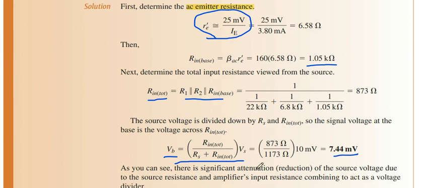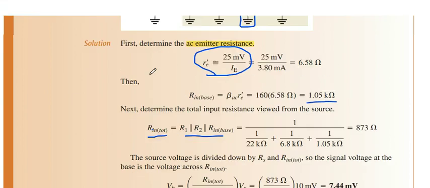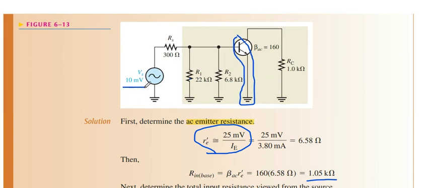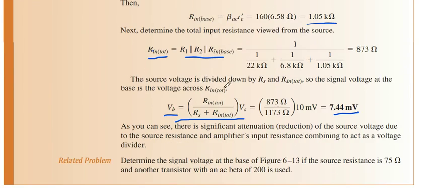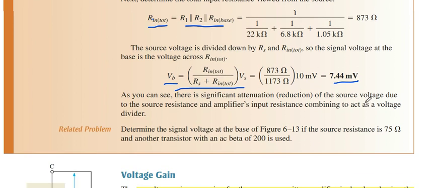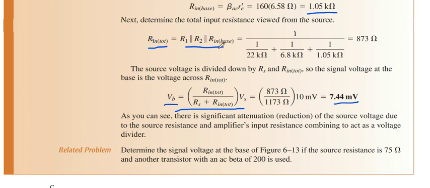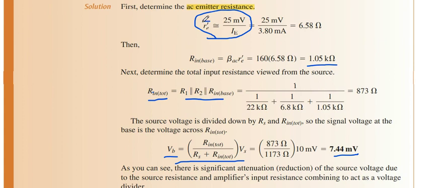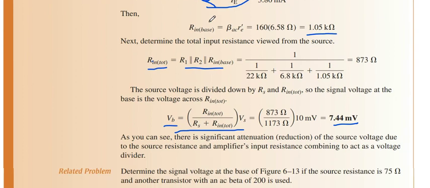There he shows the result of this our VB, that the input voltage, which is about 10 millivolt on our signal, is greater than 7.44 millivolt due to this small RE resistance.